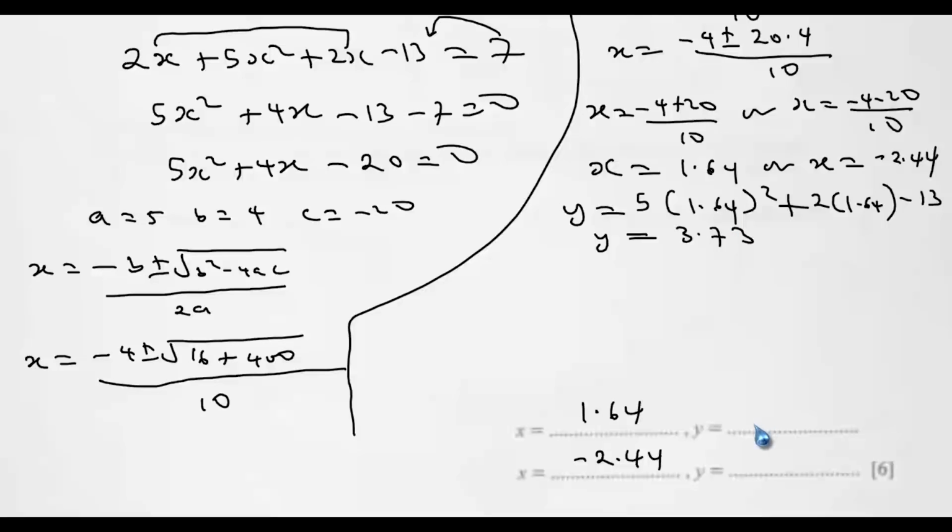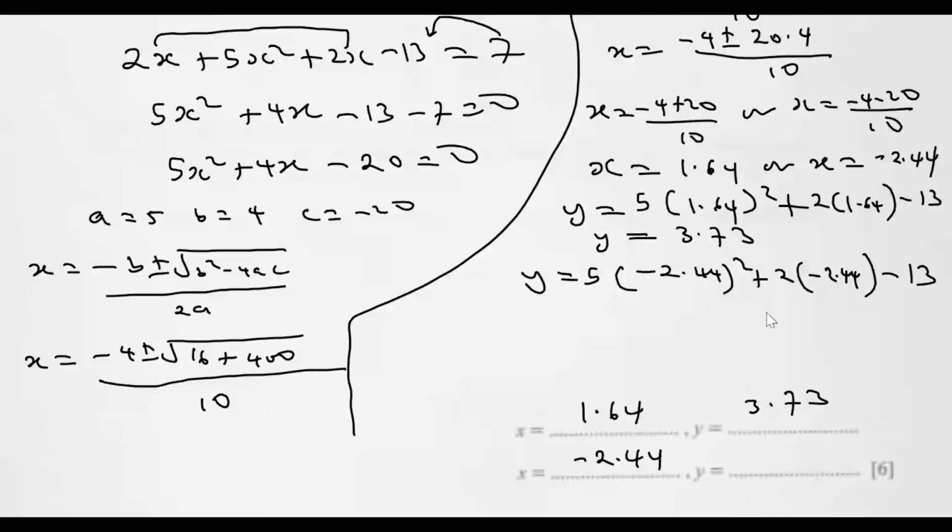So that means when x equals 1.64, y equals 3.73. The same thing I will do for x equals negative 2.44. So y equals 5 into minus 2.44 squared plus 2 into minus 2.44, then minus 13.